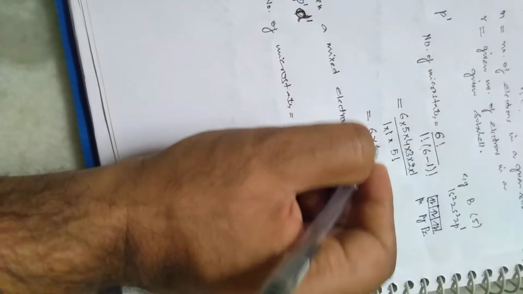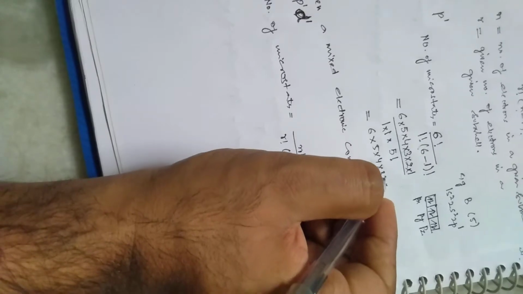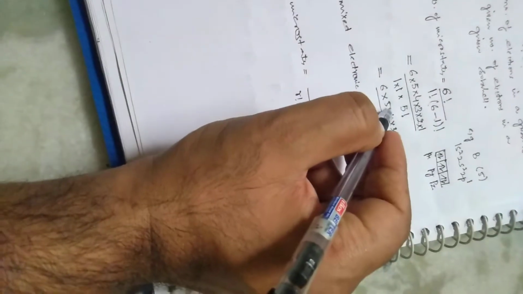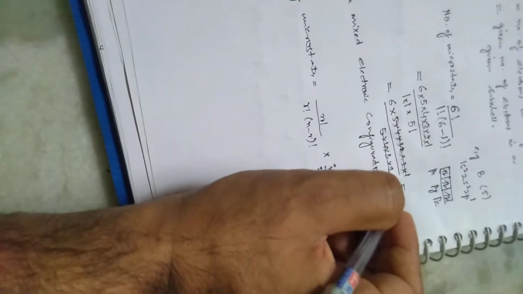We can write it as 6 into 5 into 4 into 3 into 2 into 1 divided by 5 into 4 into 3 into 2 into 1. If we cancel these terms, the answer is 6.